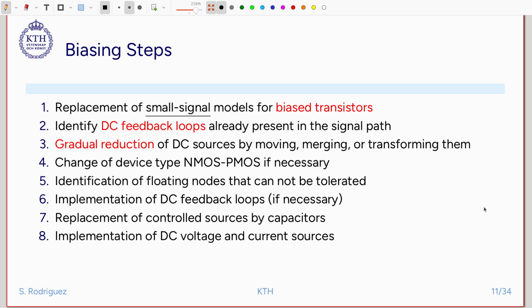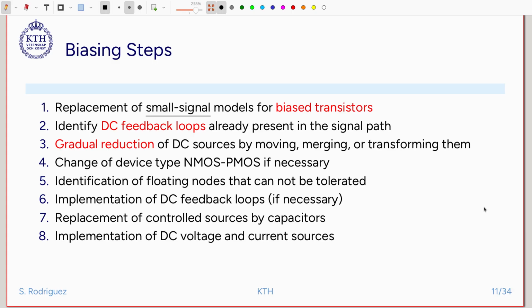Then we can identify DC feedback loops that are already present in the signal path, unless we have capacitors in the feedback. We will almost always have some DC feedback loop already present by design, because we are designing negative feedback amplifiers.